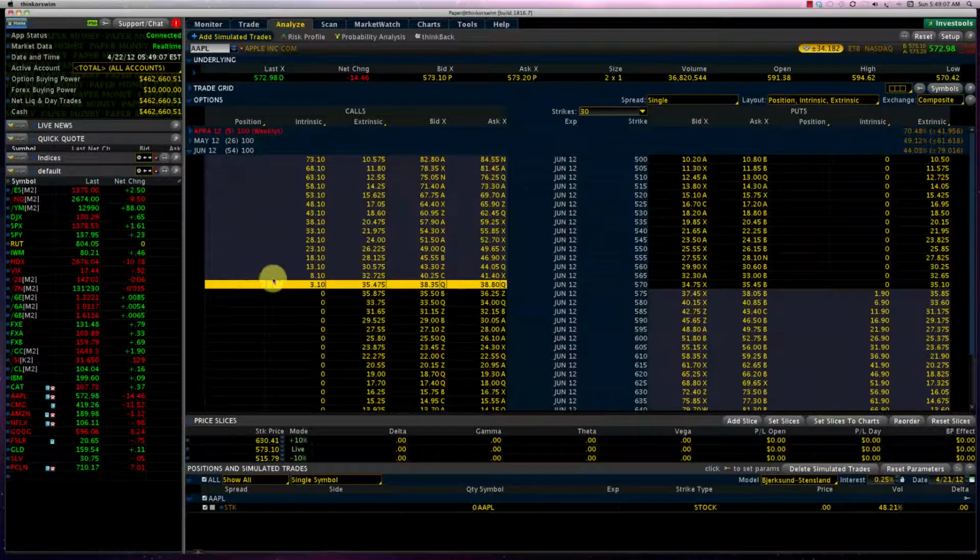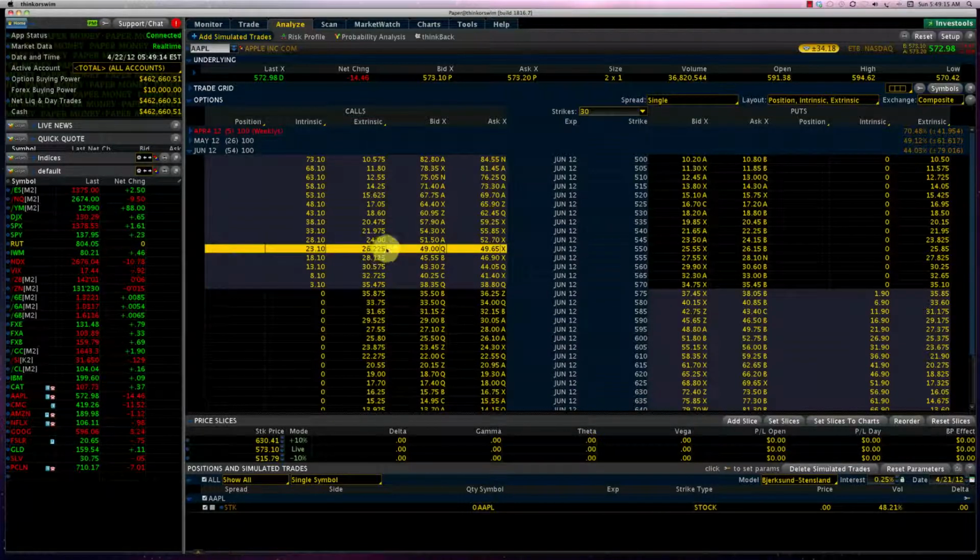On the other hand, as you go up, let's look at the 550 call. The intrinsic is 23, the extrinsic is 26, so the total is about 49. So 23 out of a total of 49 would represent about 40-45% of the value.